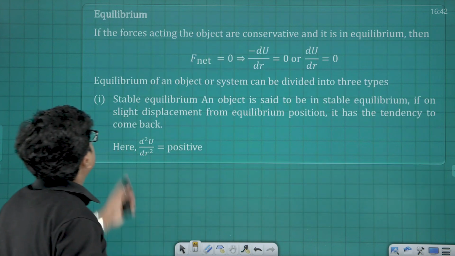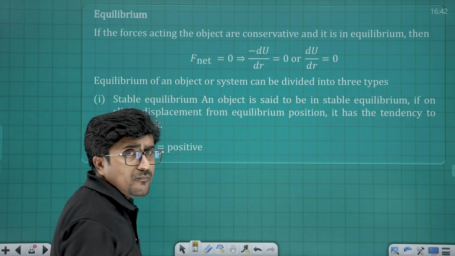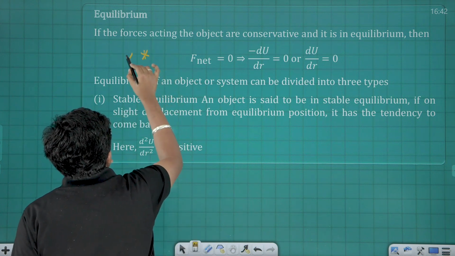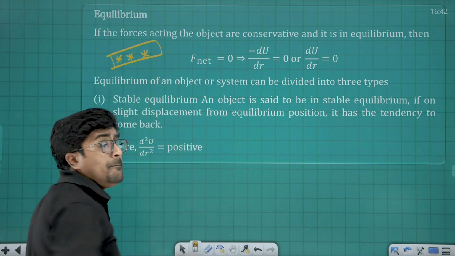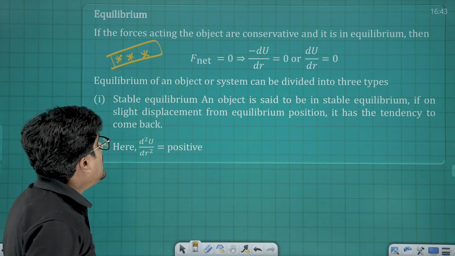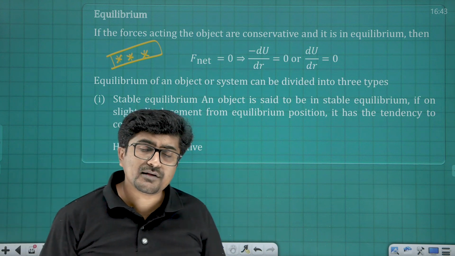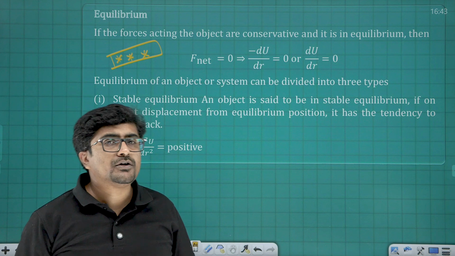Now the next one is about the equilibrium condition. This part is very important because graph related questions were asked many times. Equilibrium is of 3 types: stable equilibrium, unstable equilibrium as well as neutral equilibrium.